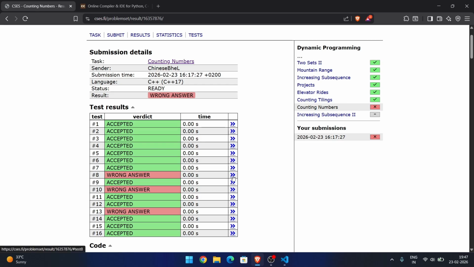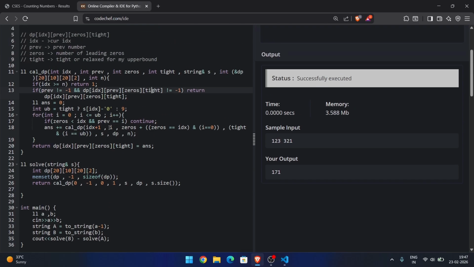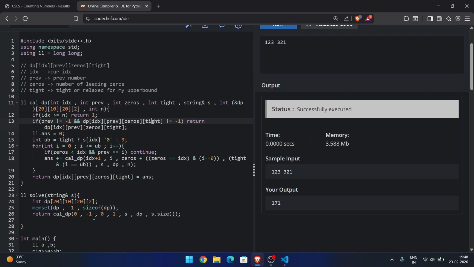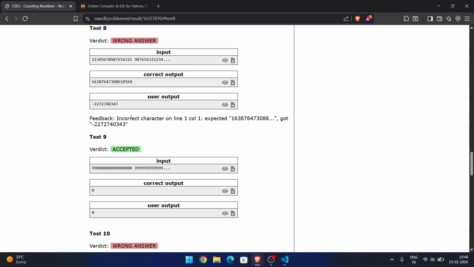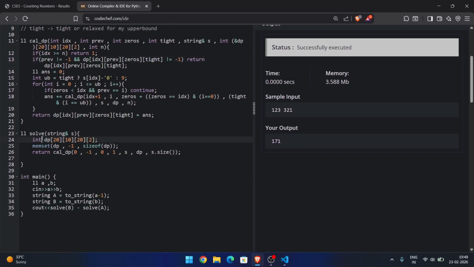Okay, so it gave me wrong answer. Well, let's see what can be the issue here. Okay, so it's a mistake.